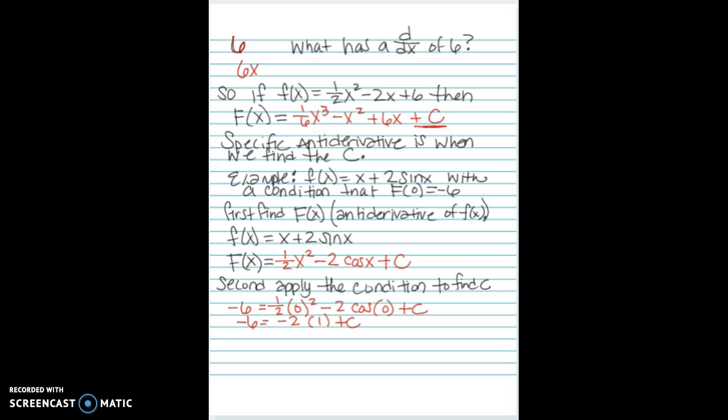The cosine of 0 is 1. Negative 2 times 1. That's where that came from. So negative 6 equals negative 2 plus c. We add 2 to both sides of the equation. Negative 4 equals c. And my specific cap F of x equals 1/2 x squared minus 2 cosine of x minus 4.